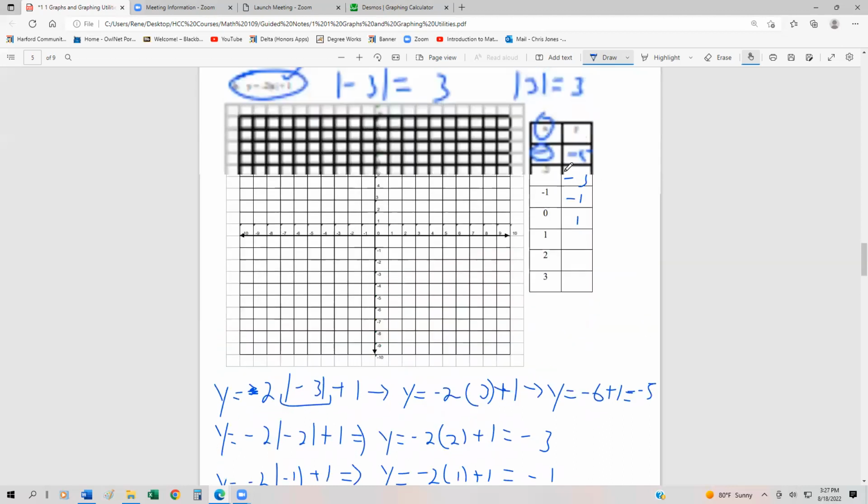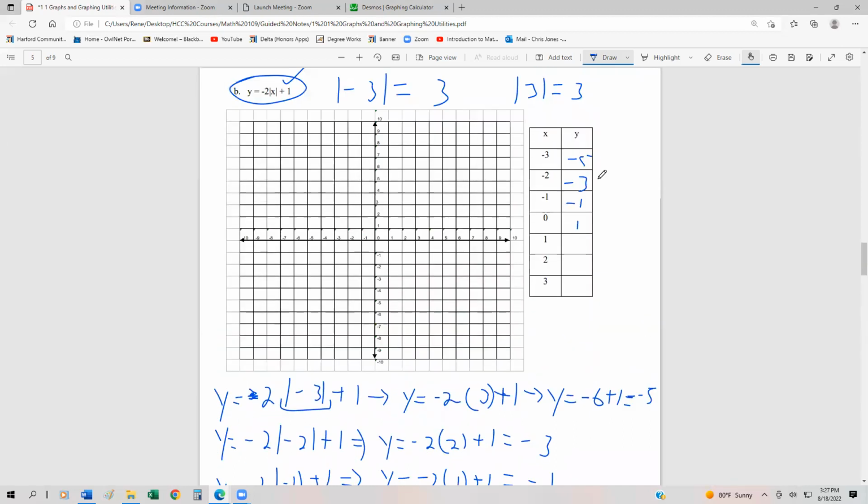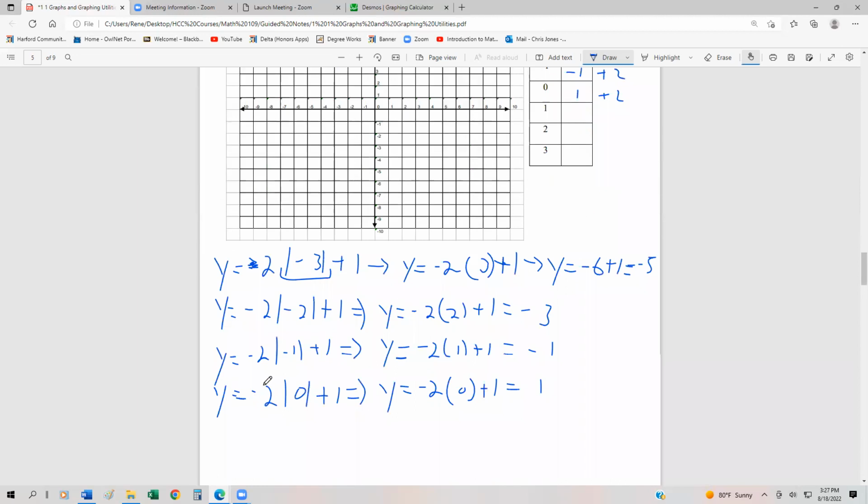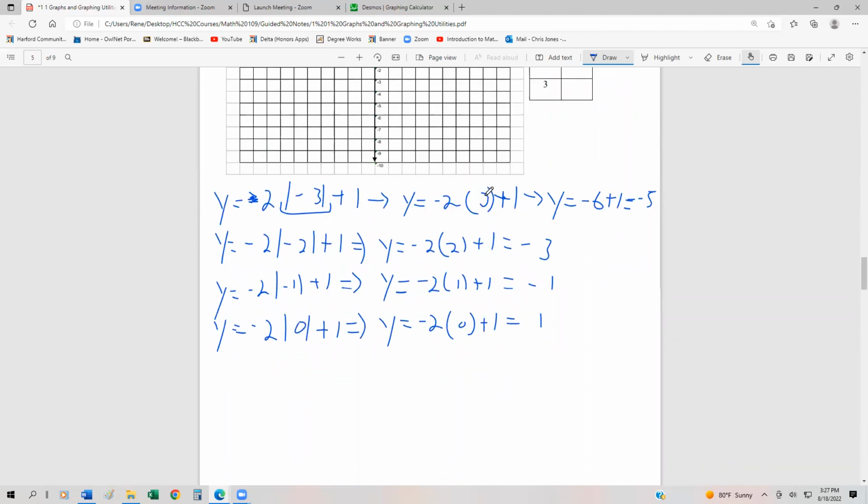And so we could be tricked when we look at this, because it looks like each time that we fill in a y value, we're just adding 2 each time. But we have to be careful, because it doesn't necessarily mean that we're going to get 3 and then 5 and then 7, etc. When we try to do this, remember, we have a negative as the coefficient of the absolute value expression.